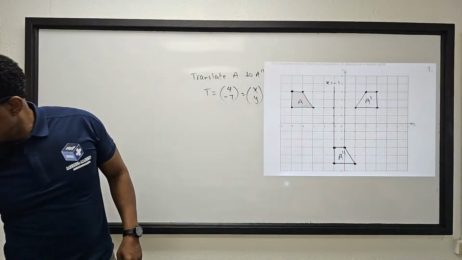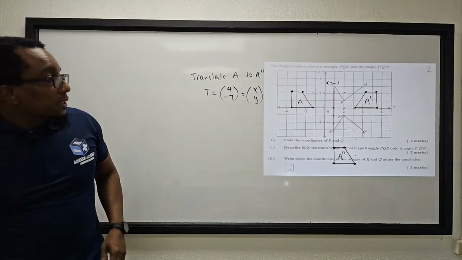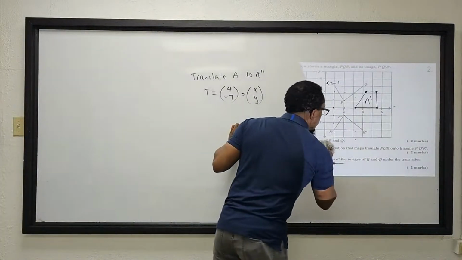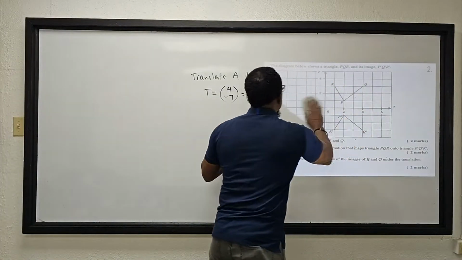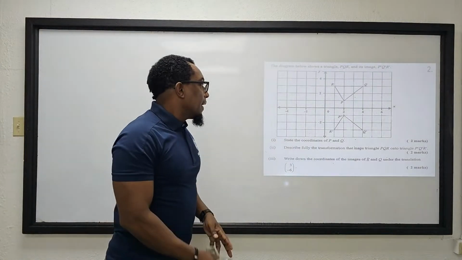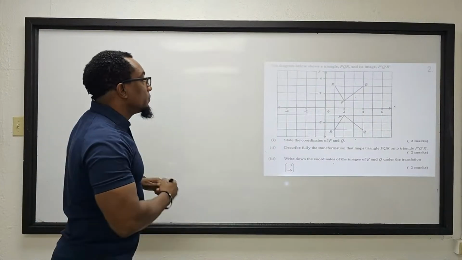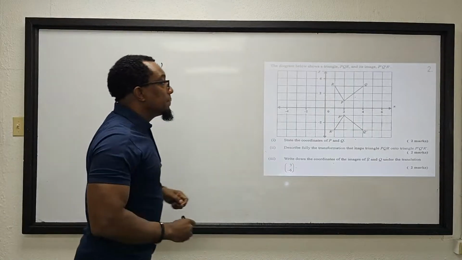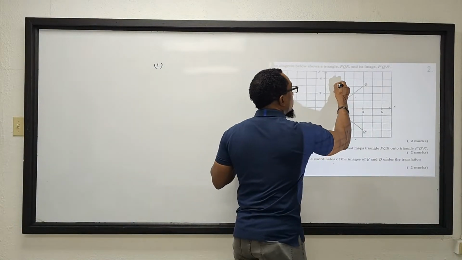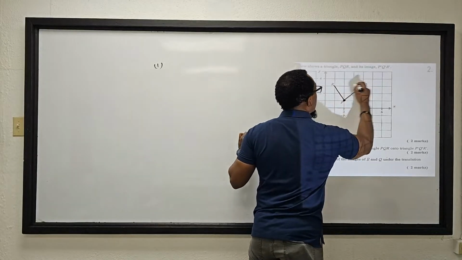So that's question 1. Let's look at the next question, question 2. We want to state the coordinates of P and Q. Let me draw the outline of the shapes.